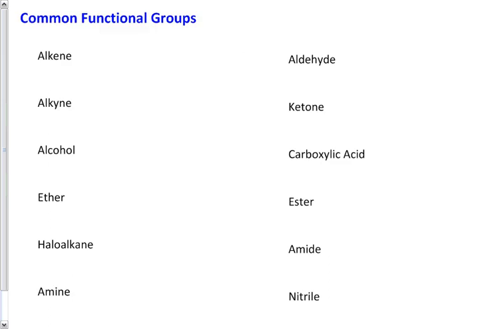So to start out with the common functional groups, you are already familiar with at least two of these. The alkene will have a double bond, and it can be attached to any other carbon chains. An alkyne will have a triple bond. So again, the reactive site is this triple bond between the two carbons.